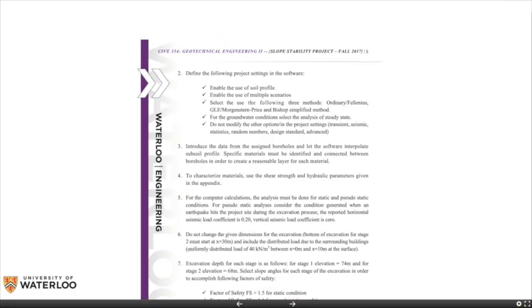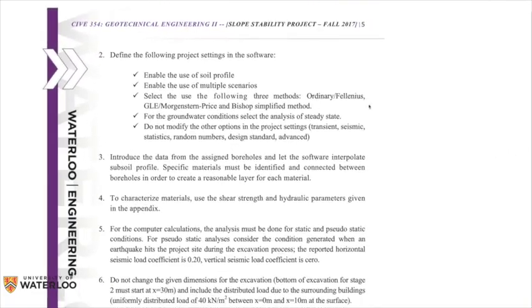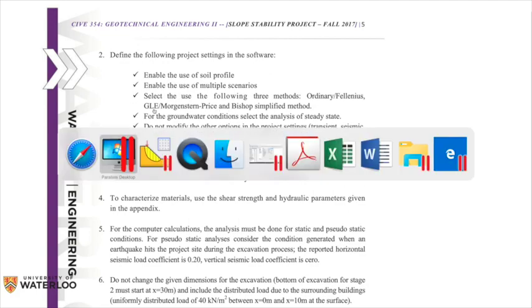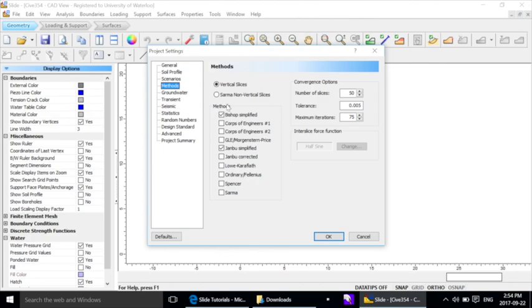For the methods, I'm recommending ordinary, GLE, and Bishop. So you see there are other methods. In this course, you are going to be taught about the ordinary method and the Bishop method. So at the end you're going to know how these methods work.